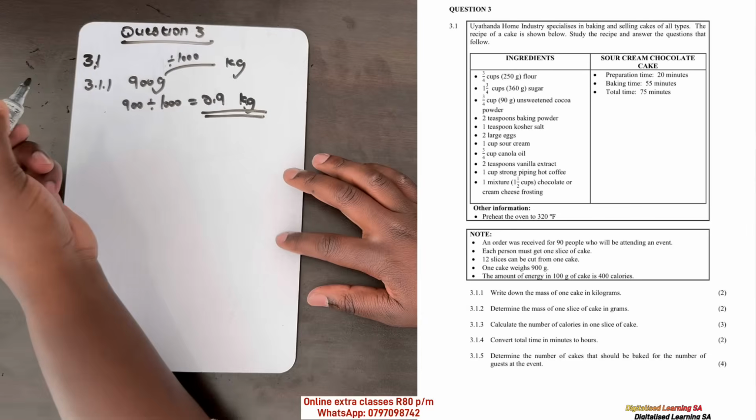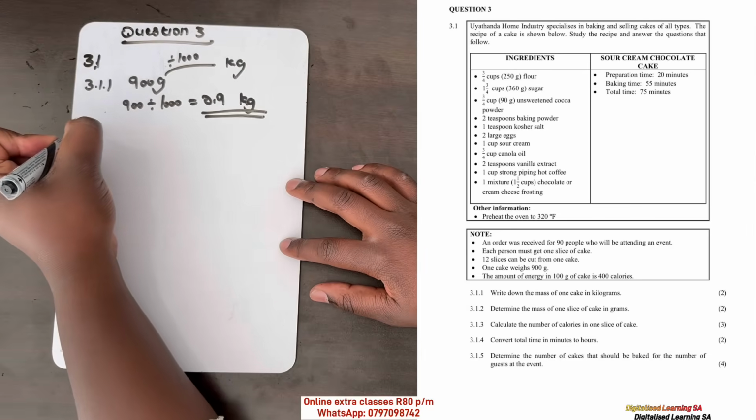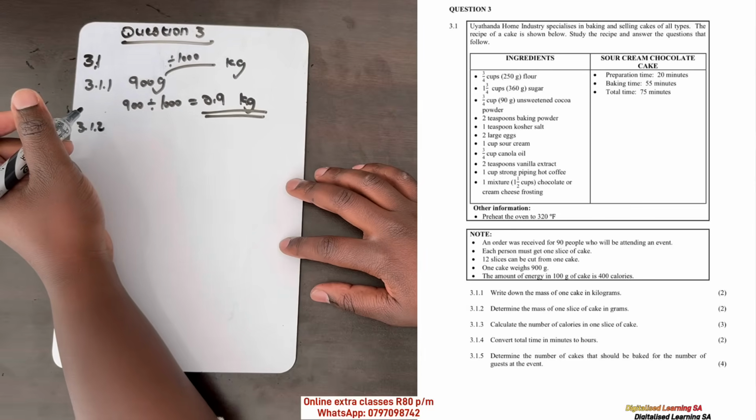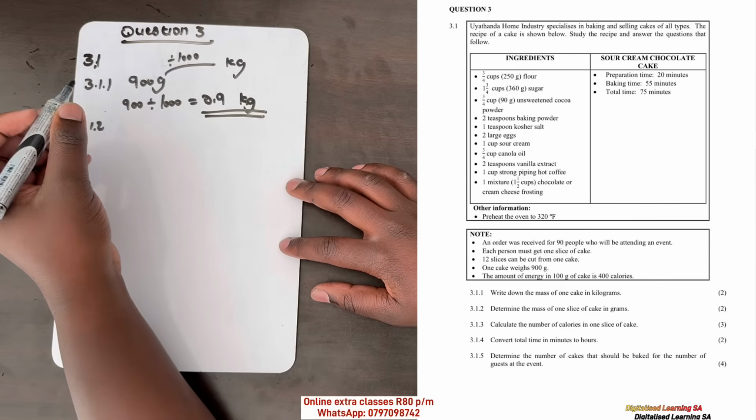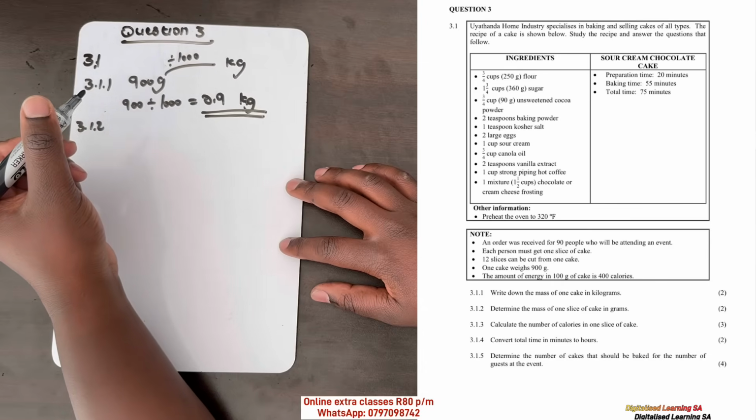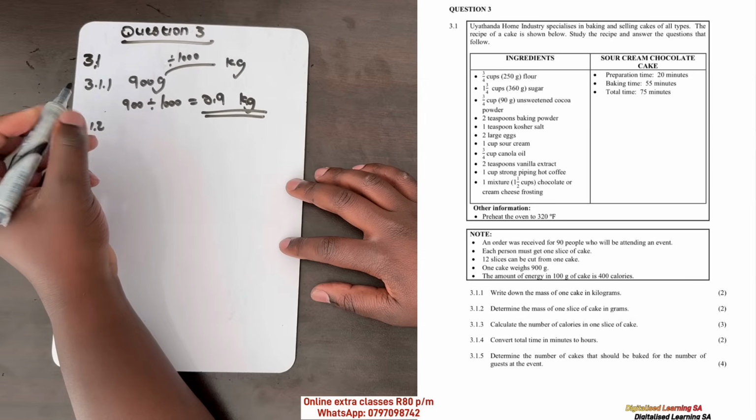So now let's move to the next question, which is question 3.1.2. Question 3.1.2 says determine the mass of 1 slice of cake in grams. So we need to determine it in grams. We know that 1 cake consists of 12 slices.